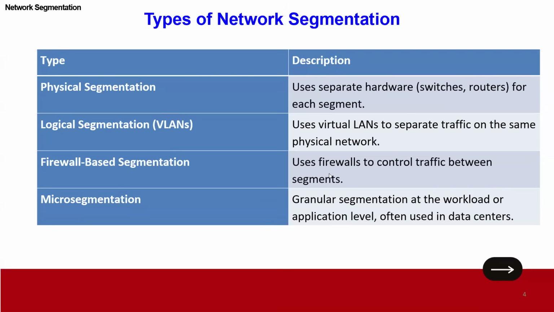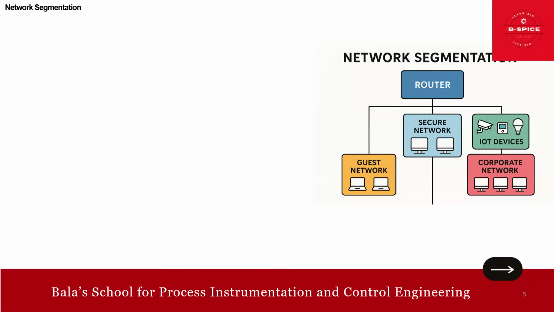Then firewall based, which uses firewalls to control the traffic between segments. I will show you the figure in the next slide, how the firewall is connected. And micro segmentation is a granular segmentation at the workload or application level, often used in data centers. This may not be applicable for our purpose, but it's used in data servers. So the point is physical, logical, firewall based. This is about the types of network segmentation.